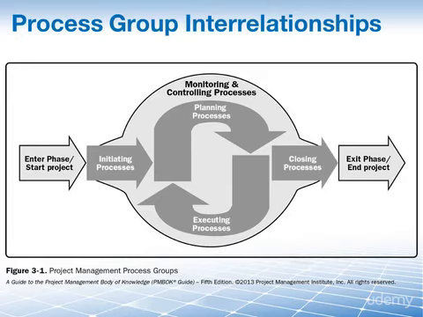This is necessary since monitoring and controlling process groups occur at the same time as all the other 4 process groups. They're sort of overlaying. They're contained within the other process groups. The monitoring and controlling processes are therefore shown here as the background behind the others because it's happening at the same time. We'll get to the process group interactions in just a bit, but right now let's look at each process group one by one.